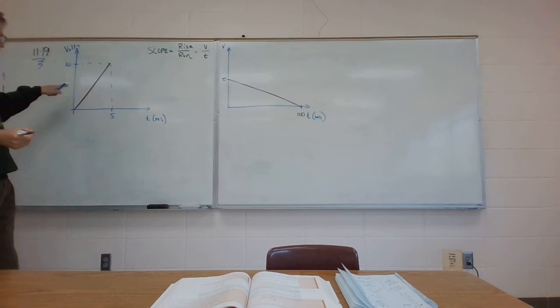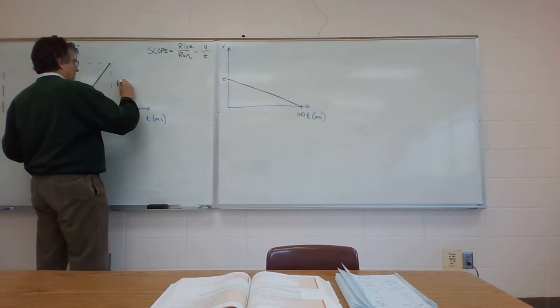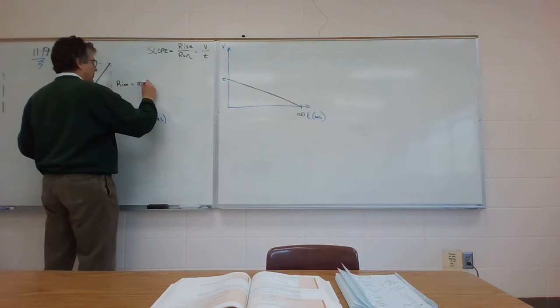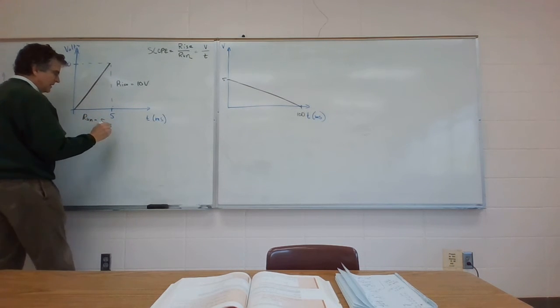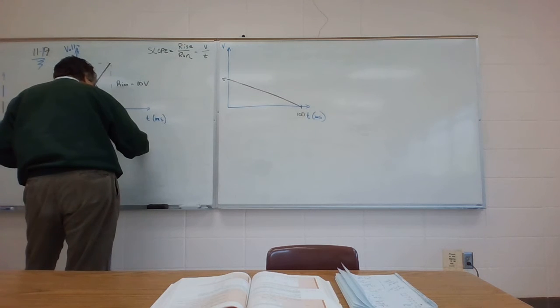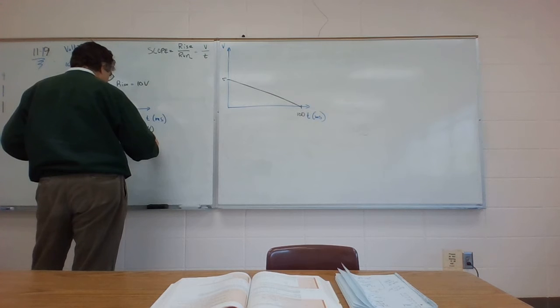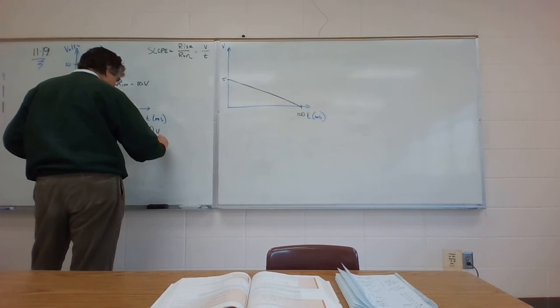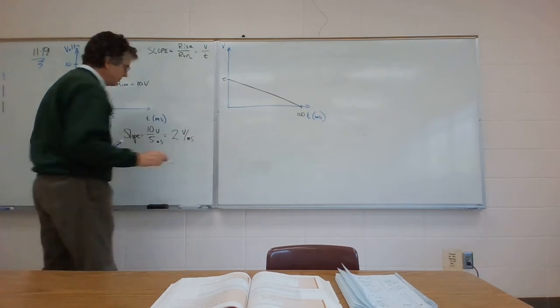In this one, you go up 10 volts, you rise 10 volts. You run 5 milliseconds. So your slope is equal to 10 divided by 5. 10 volts divided by 5 milliseconds is going to be 2 volts per millisecond.